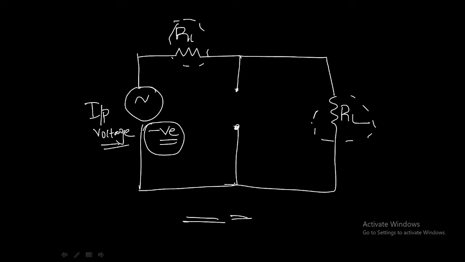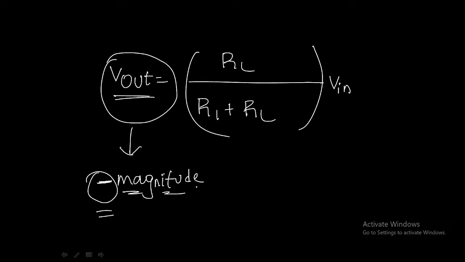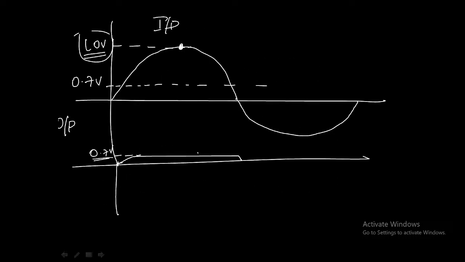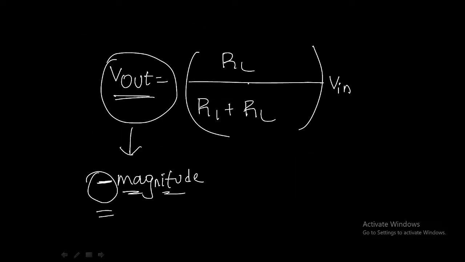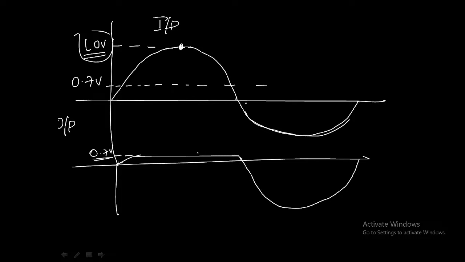If you are applying this negative input phase, then the output remains as it is, or it may decrease depending on the values of the resistances R1 and RL. The input negative phase remains the same, but the positive input has been clipped off. So this is how a positive clipper circuit works.